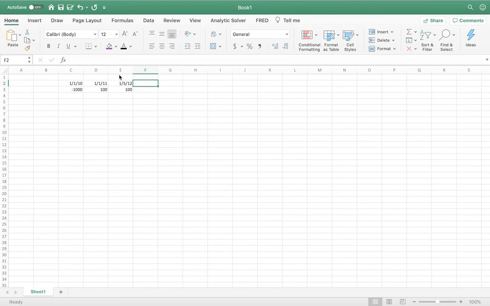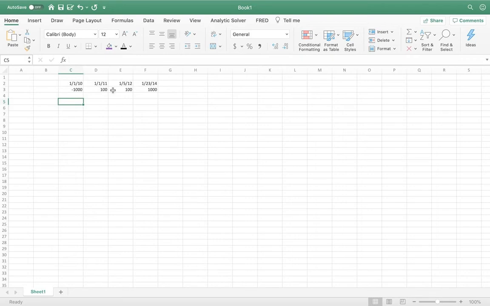And finally, a strange sort of number of days and years later, we got our money back. Okay, so this is a stream of cash flows that we've got from a certain initial investment.